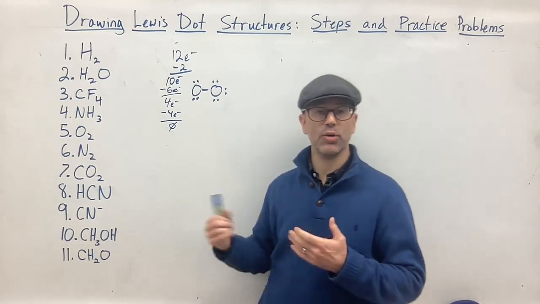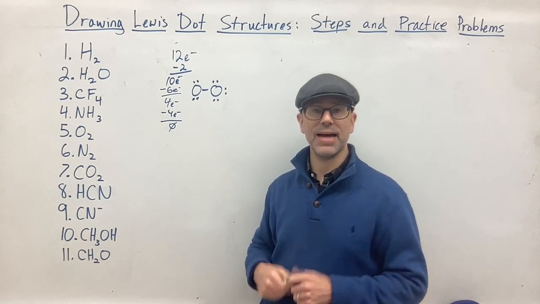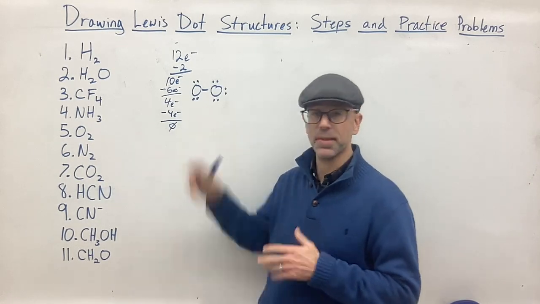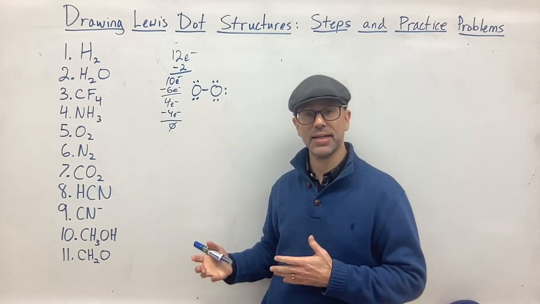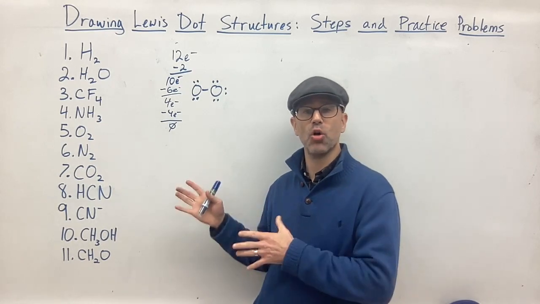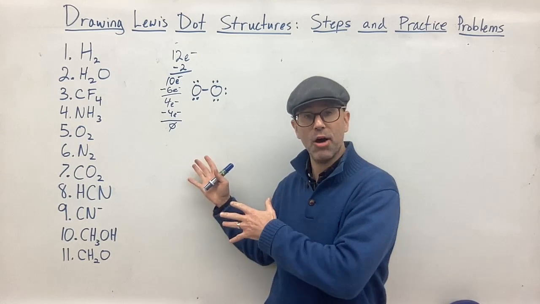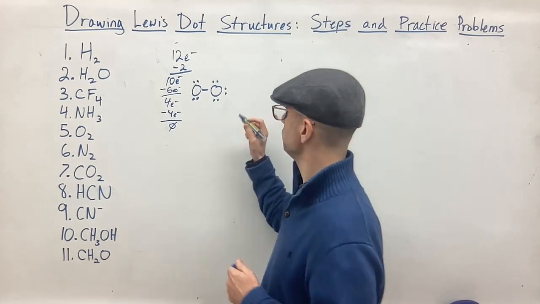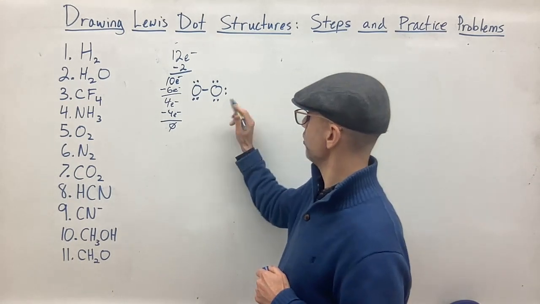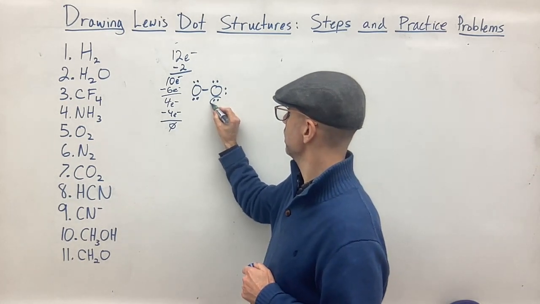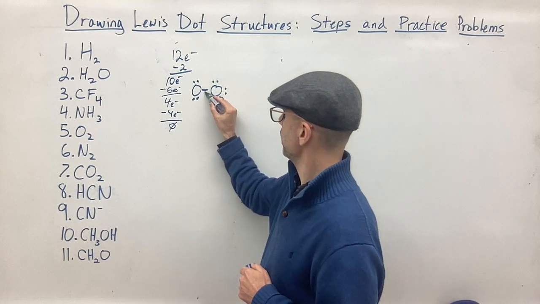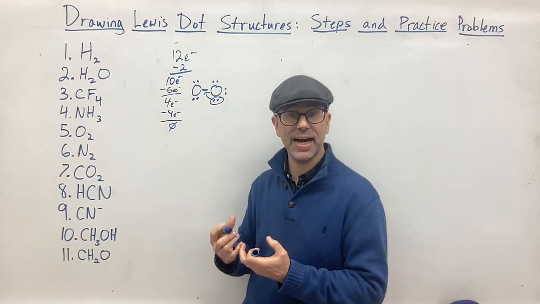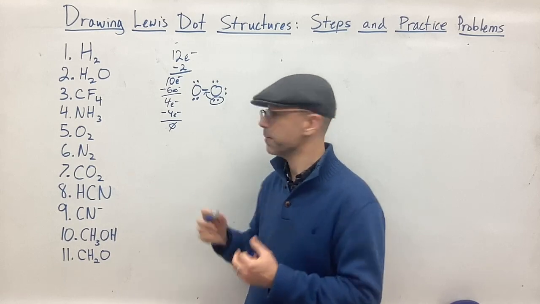So this is where we go to step 6, the last step. That step says that if you have a central atom that does not have an octet, then you have to move a lone pair from the outer atom to create a double bond. Here, this is my outer atom. I'm going to take a lone pair and create a double bond until I can get an octet for the oxygen.